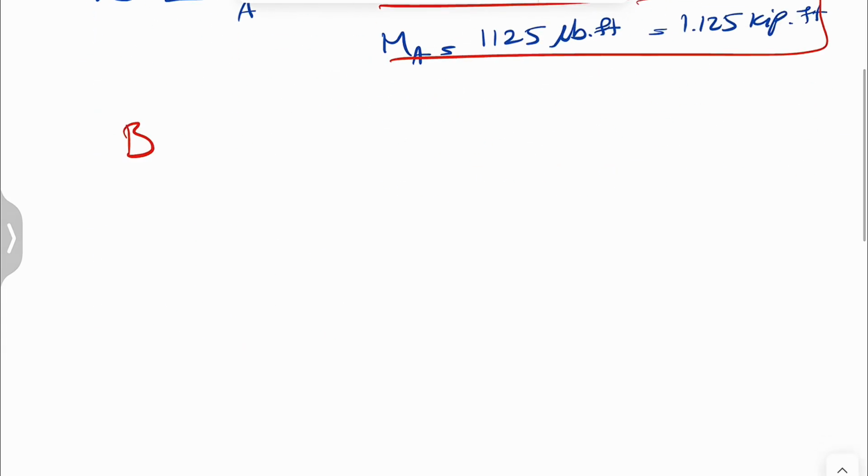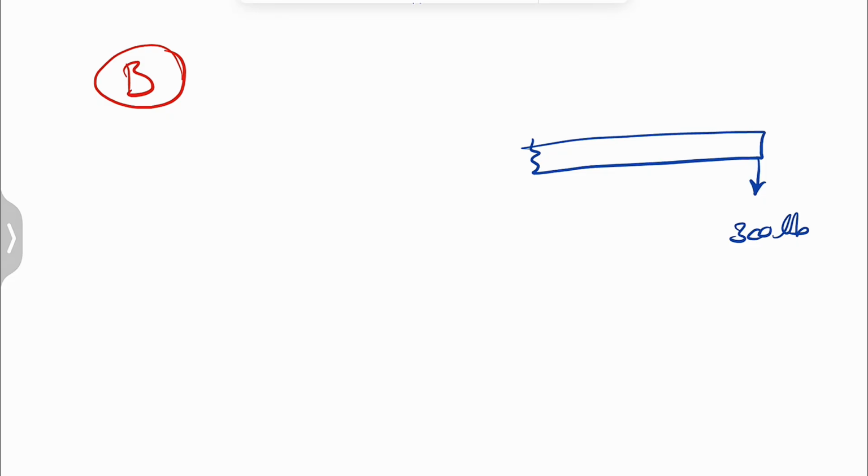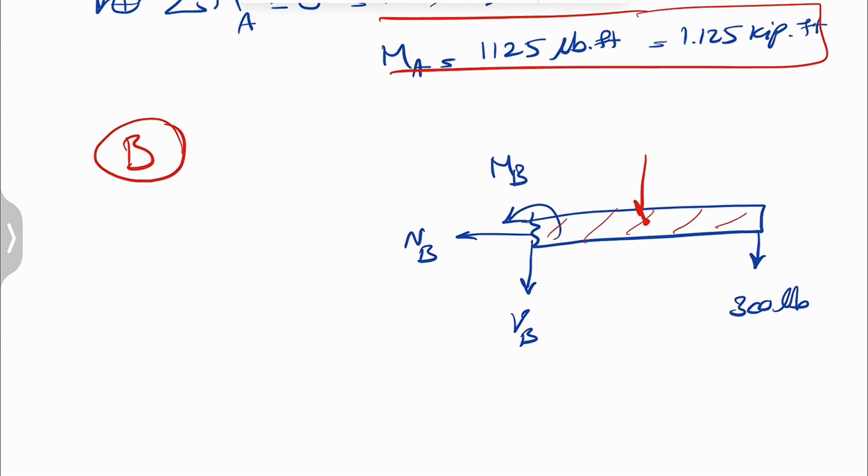Let's move on to point B. Again, the same idea applies here. We have to do our cut this time at B, and we're going to consider the right side of the beam because it's easier. So that's the force on one end. Again, we're going to consider N, this time B, VB and MB, and again we have the weight of the beam.